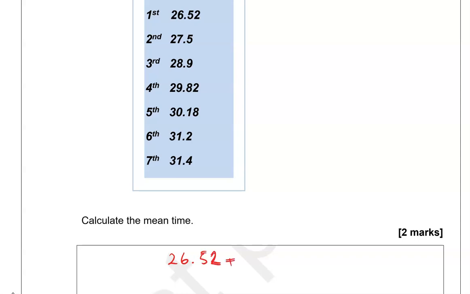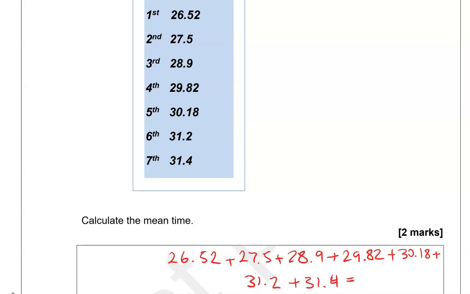So 26.52 plus 27.5 plus 28.9 plus 29.82 plus 30.18 plus 31.2 plus 31.4, and that gives us 205.52.